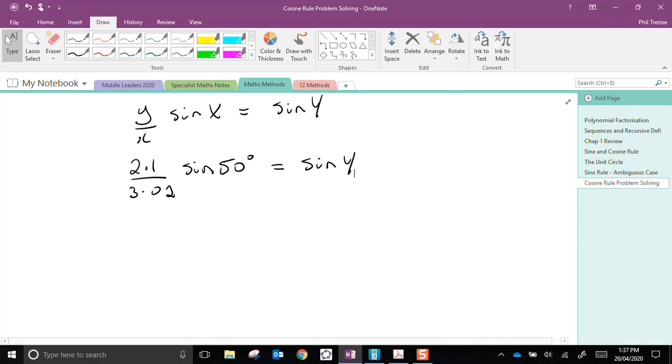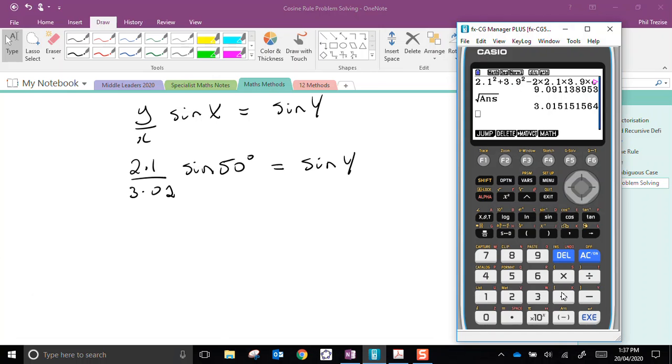Time for the calculator again. So we'll have 2.1 divided by the previous answer multiplied by the sine of 50 degrees. 0.53, that's reassuring that it's between 0 and 1. Of course, sine has to be between positive 1 and negative 1, so that's good.